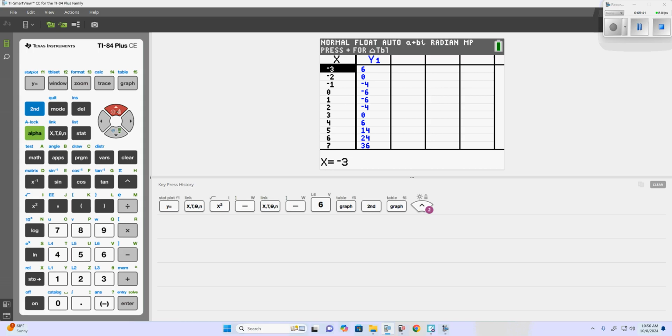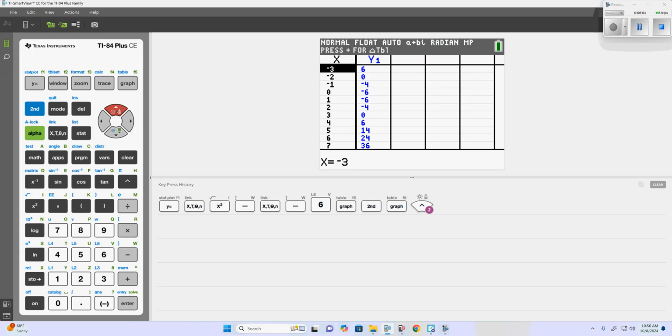So hit graph, second graph, second table. Yeah, keep going up. Someone scrolled way down.